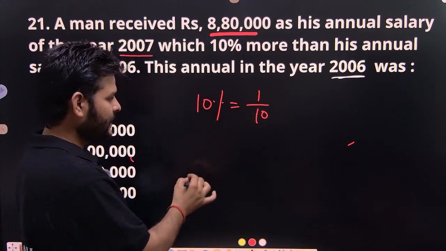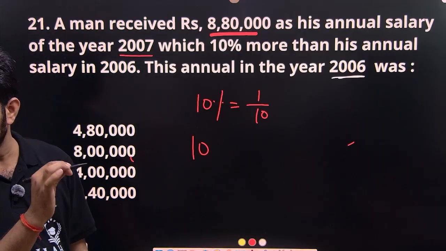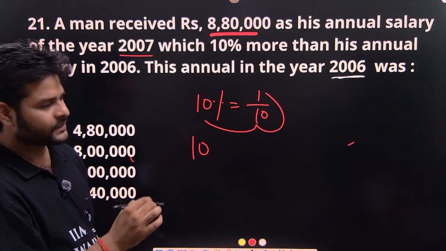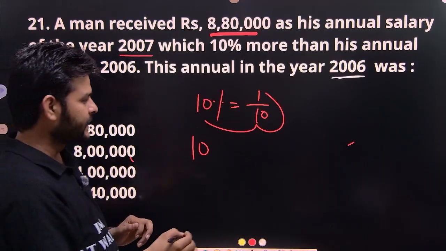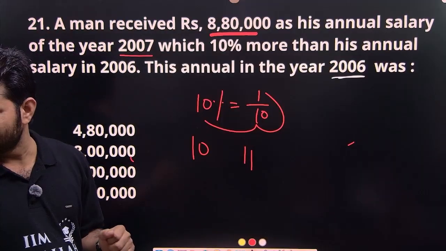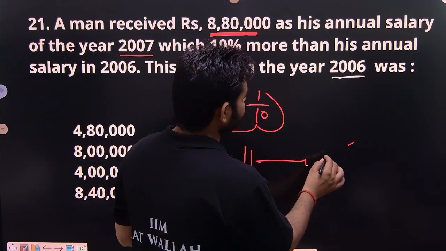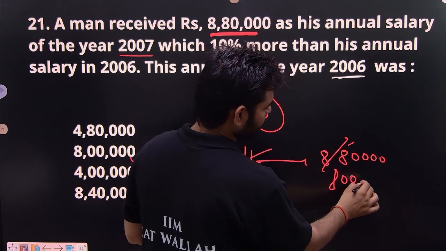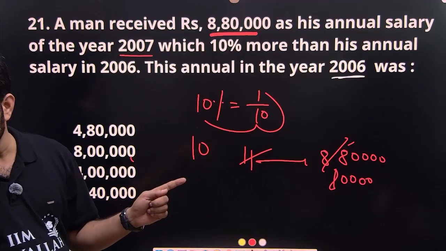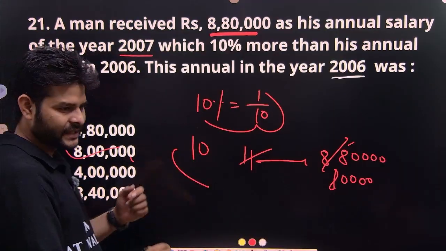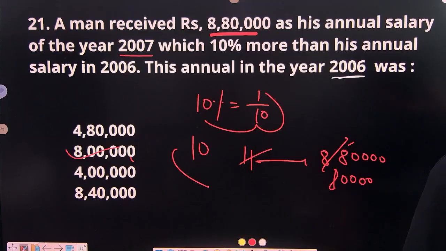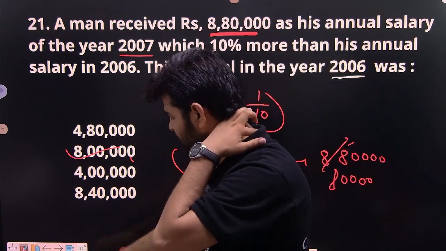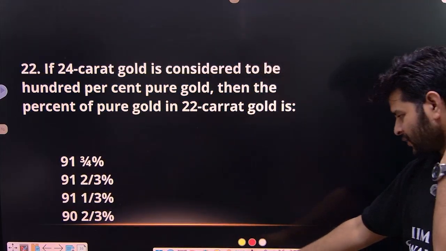That means he was making 10 unit in 2006. In present, with a 10% increase, 10% of 10 would be 1, so the increased value is 11. So in present, he is making 11 unit, and 11 unit is representing 8,80,000. So 1 unit represents 80,000. If 1 unit represents 80,000, then 10 unit will represent 8 lakh. So in 2006, he was making 8 lakh. The last question of the day, you need to hit.